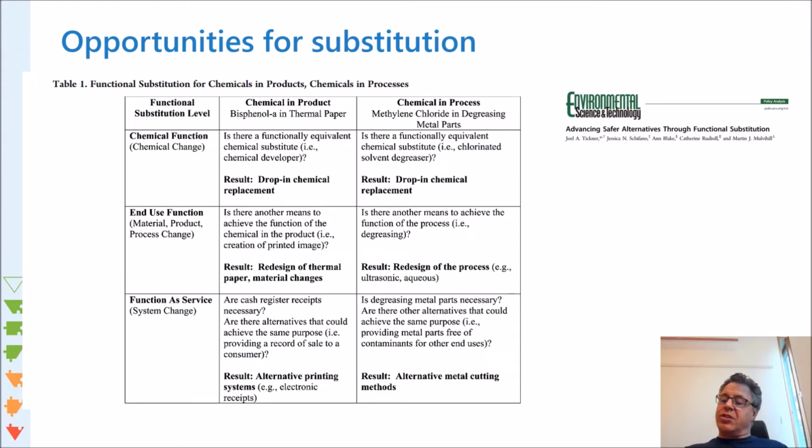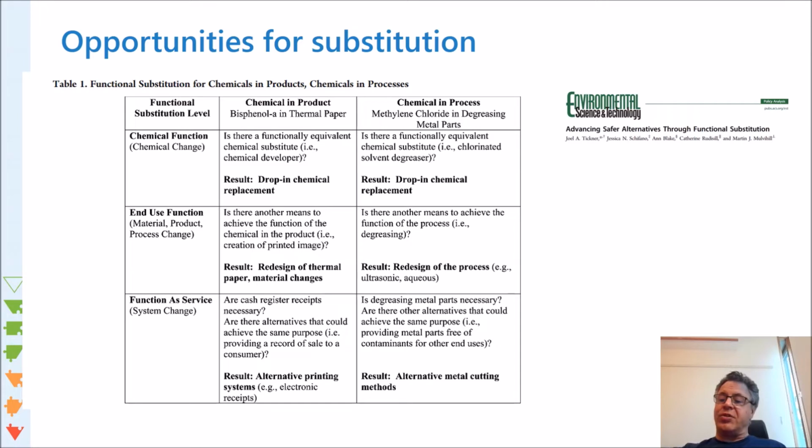If we want to substitute the chemical function of bisphenol A, we could then find a similar chemical that would replace the chemical function. This kind of drop-in replacement is what has often happened for bisphenol A, and it's been replaced, for example, with bisphenol S or bisphenol F. On the other hand, if we want to substitute the end-use function, we could redesign the thermal paper so that it doesn't require the use of bisphenol A anymore.